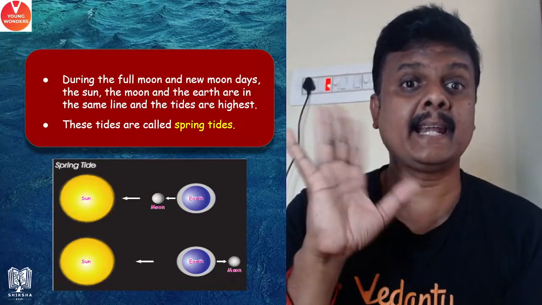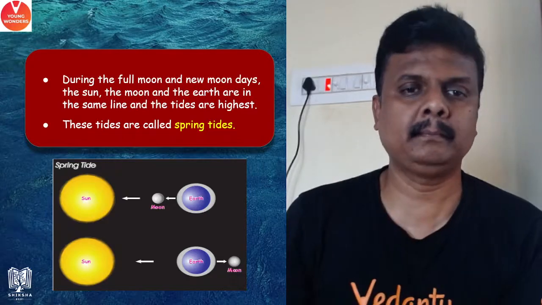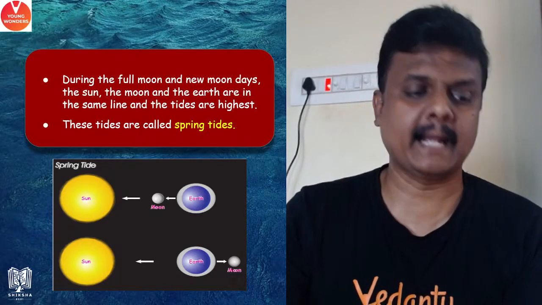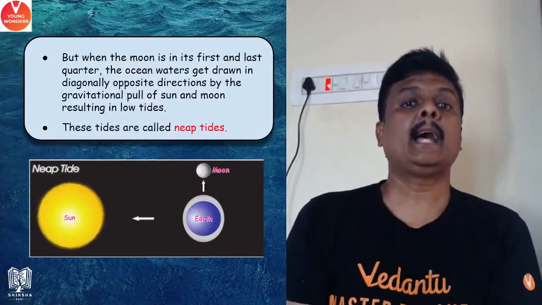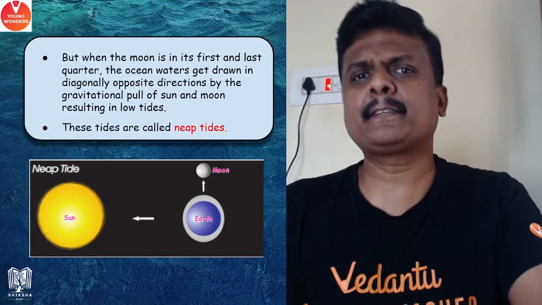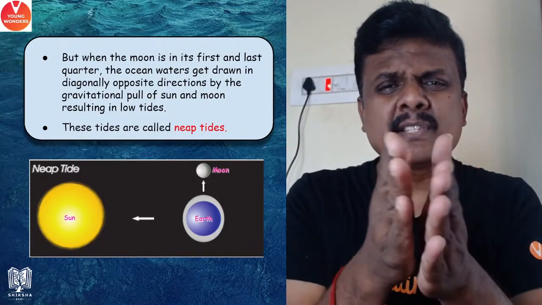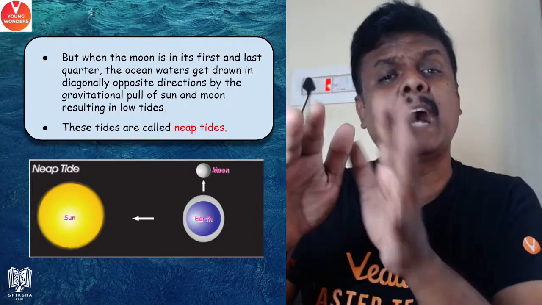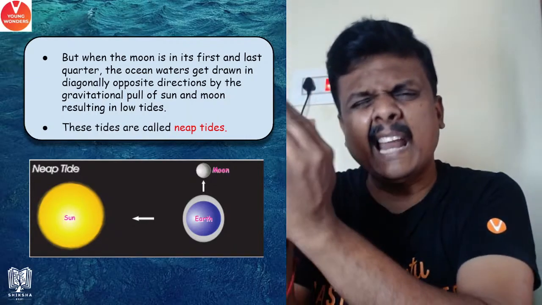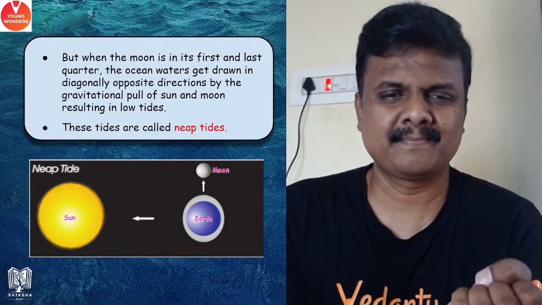So guys, when does high tide come? New moon day and the full moon day. They are also called spring tides. However, after new moon day, slowly when the moon is in the first quarter, similarly after half of it is over, in the last quarter few days, the pull is very less.